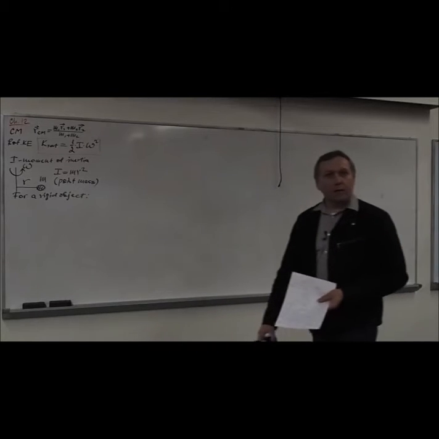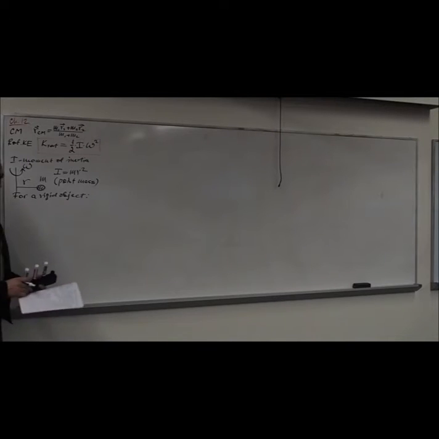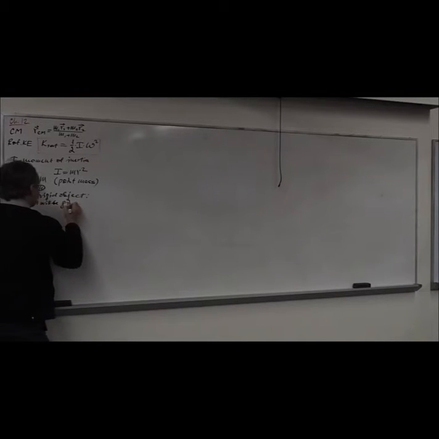For example, if it's a rod, L is the length of the rod. If it's a disk, R is the radius of the disk. Of course I'm not going to give you explanations of what each symbol means, right? But every time you have a rigid object in the exam, moment of inertia will be given. So you don't have to memorize those, right? It will be just a waste of time.